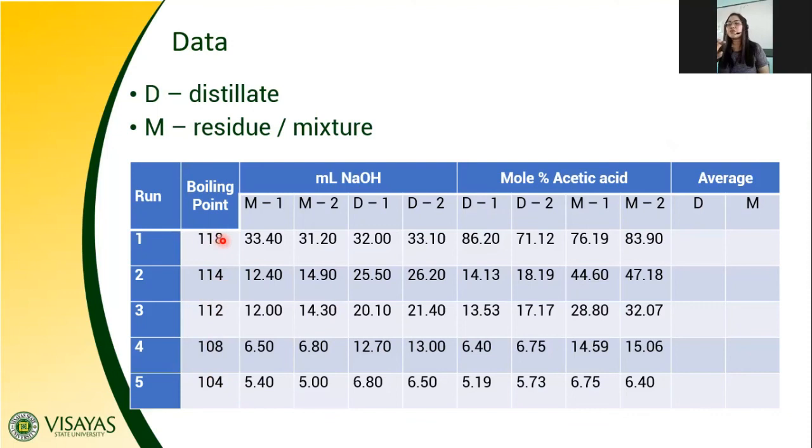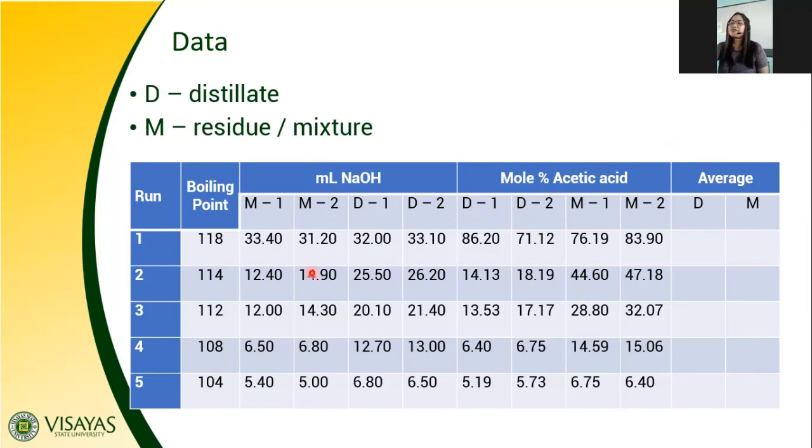We read the temperature after we reach about 5 mL of distillate. So that is the boiling point that we recorded here, until 104, which is the boiling point recorded in that experiment.